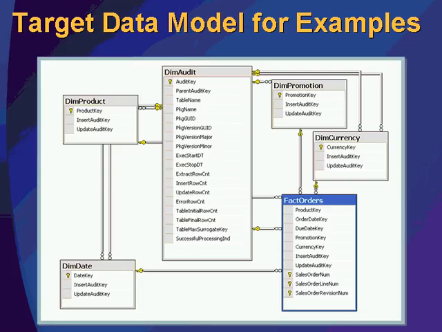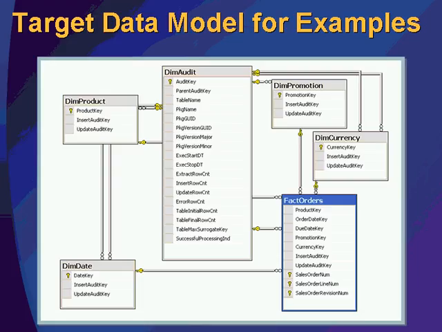Now, remember, a fact table is going to have foreign key references to each of the dimensions. So product key goes to dim product, and order date key goes to dim date, and so on. Now, you might wonder about this large table in the center called dim audit. This is my audit dimension. It's a simplified method of tracking information about every row that is loaded into the data warehouse database.